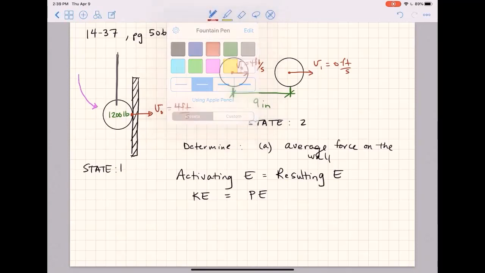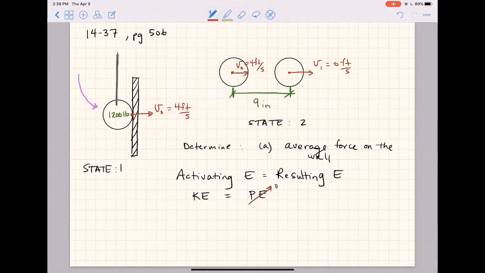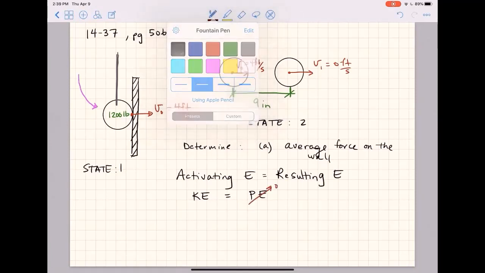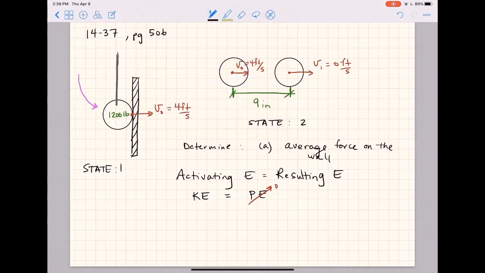Oh, okay, so if it's only moving a horizontal distance, then no change in potential energy. What else is there? We said no spring, no potential energy. It comes to rest, so clearly no kinetic energy either. So what's left? Just work.